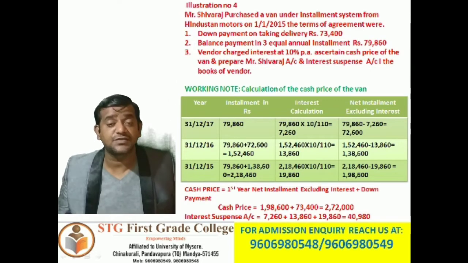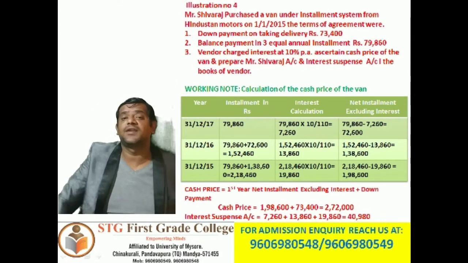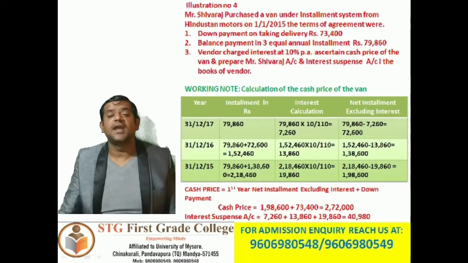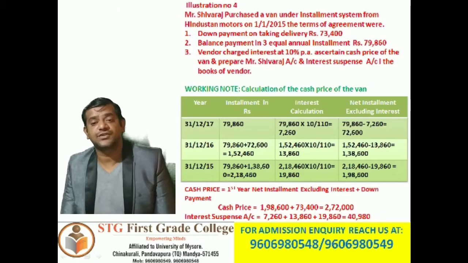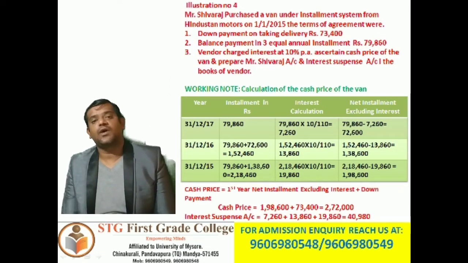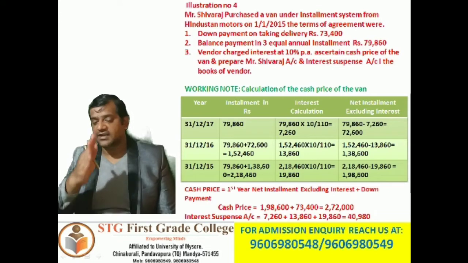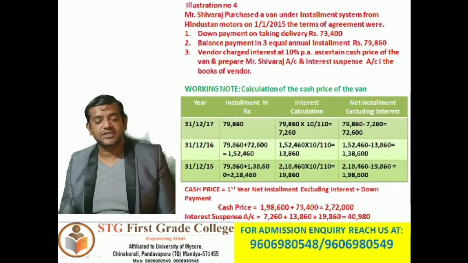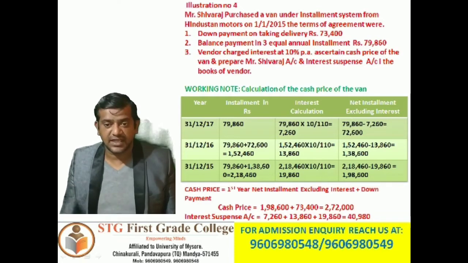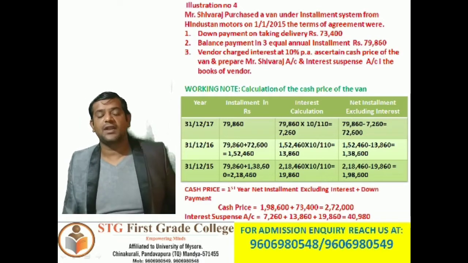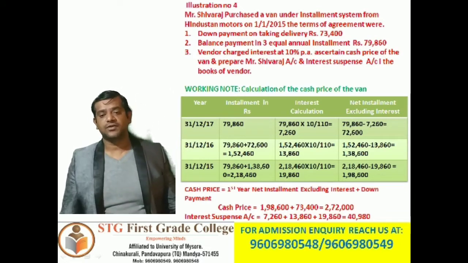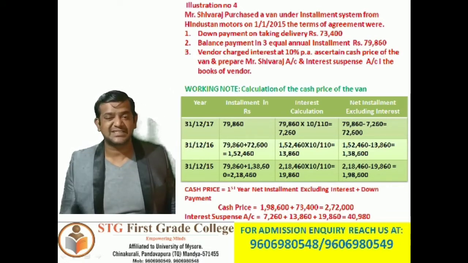Why this 110? Remember the formula always: percentage divided by 100 plus percentage. The percentage is 10%, so 10 divided by 110. If you calculate 79,860 into 10 divided by 110, you get the interest amount as 7,260 rupees.